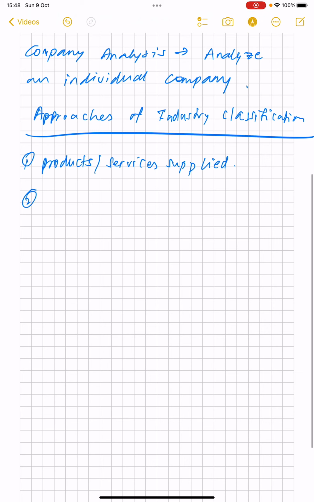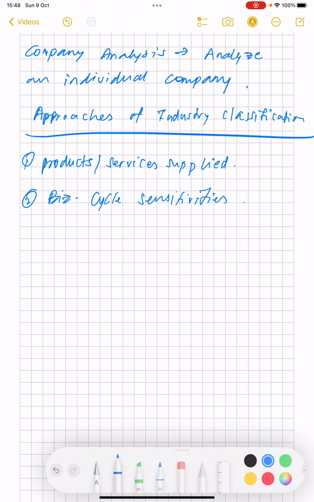Second, you're going to look at business cycle sensitivities. I'm just going to elaborate a little bit on the business cycle sensitivities.